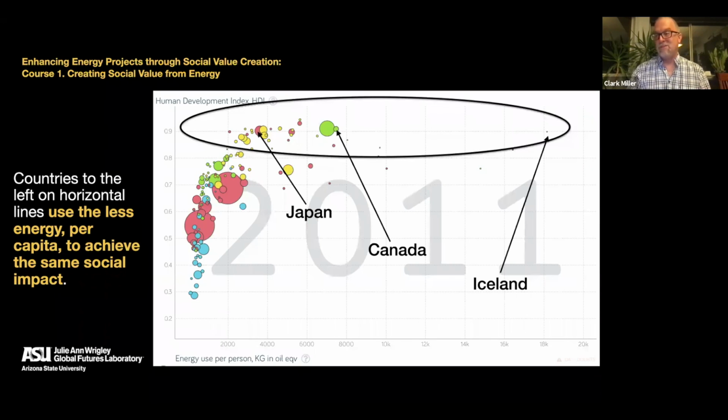But it's doing it with much, much more energy input. So in effect, you could say it's being much less efficient at converting energy into human development because it takes more energy to get the same level of human development. Or you could say their ability to create social value through energy use is lower than a country like Japan.